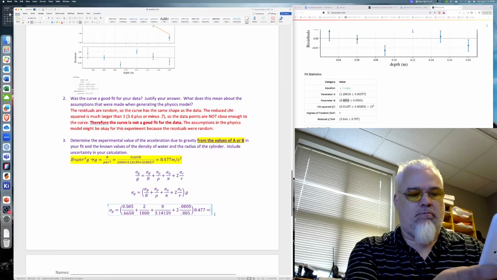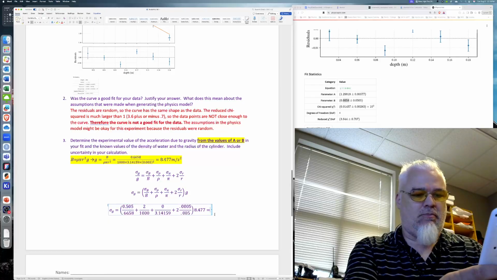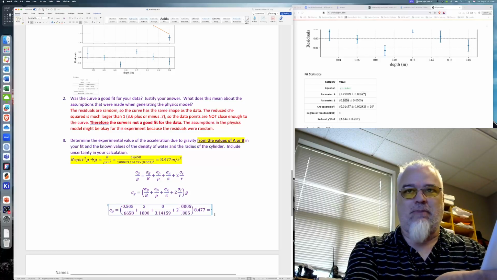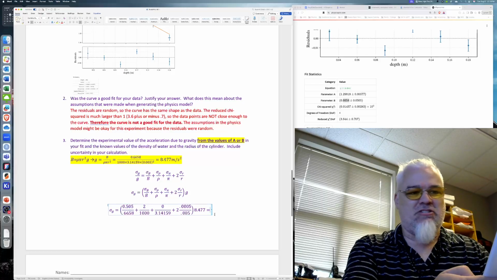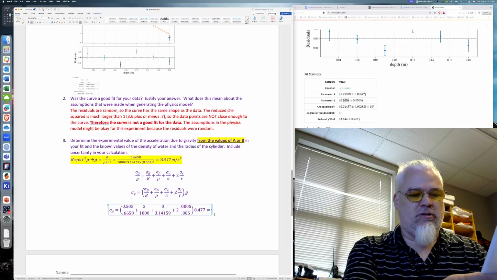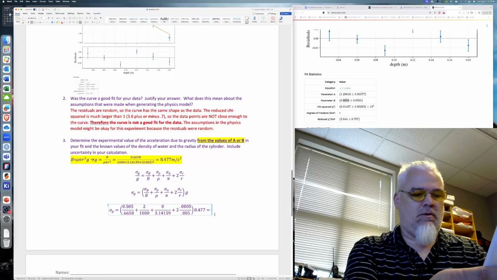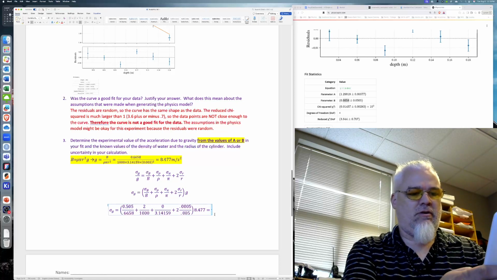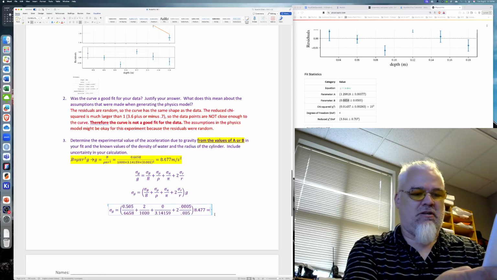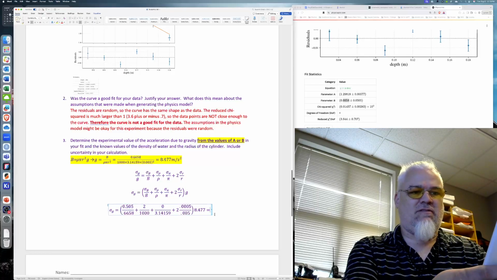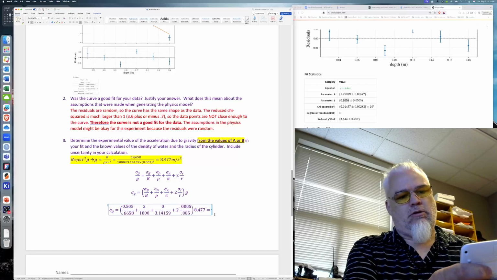Okay, so 0.505 divided by 0.6658 plus 2 over 1,000 plus, I'm going to skip that one because 0 over 3.14159 is 0, plus 2 times 0.005 divided by 0.005, close parentheses, times 8.477 equals, I typed that in wrong.